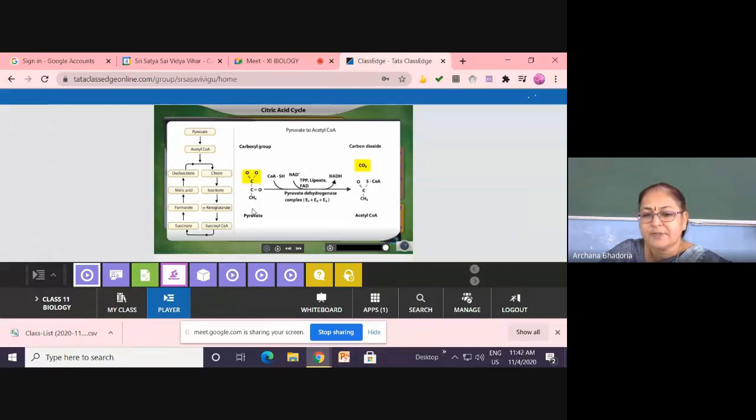So the 3-carbon compound is becoming a 2-carbon compound now. Anyone noting this? Yes or no? If anyone is noting, say so, otherwise I will take up the next slide.